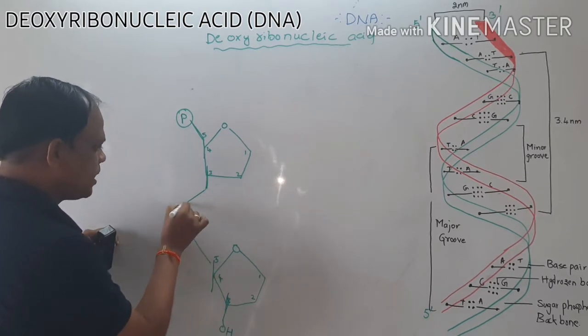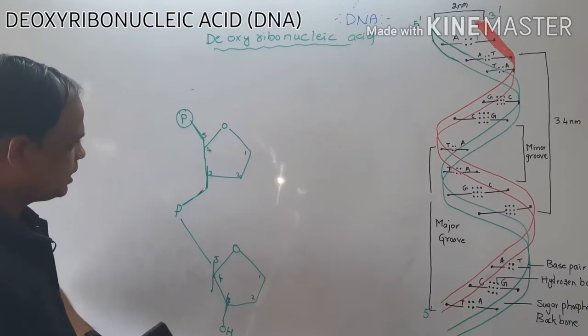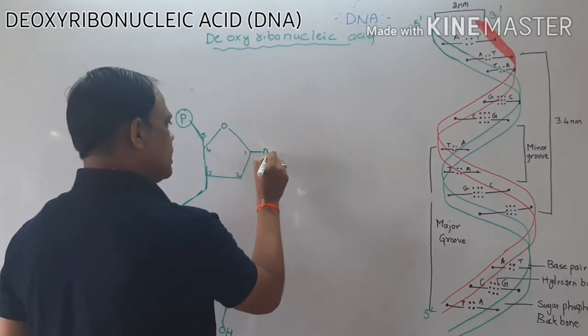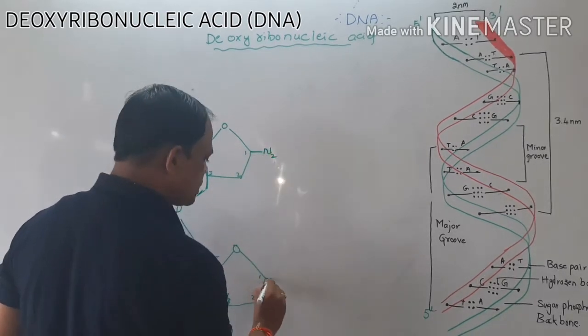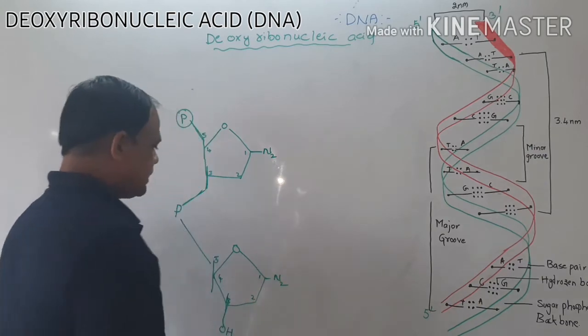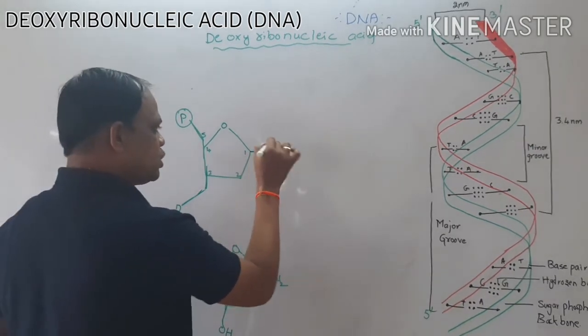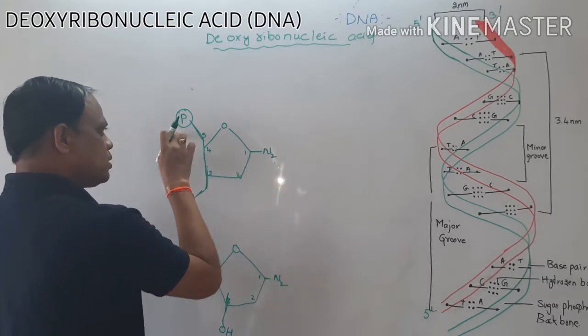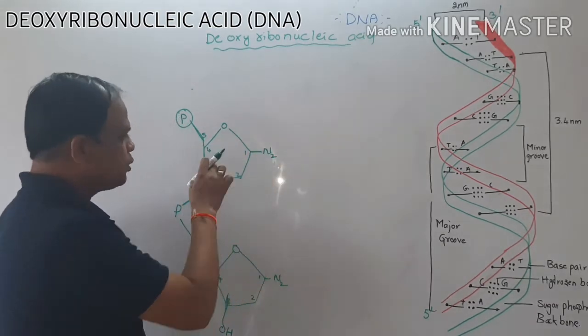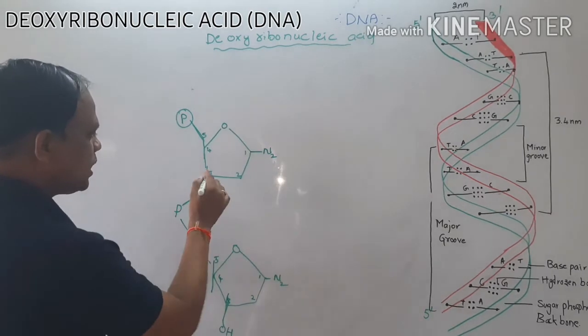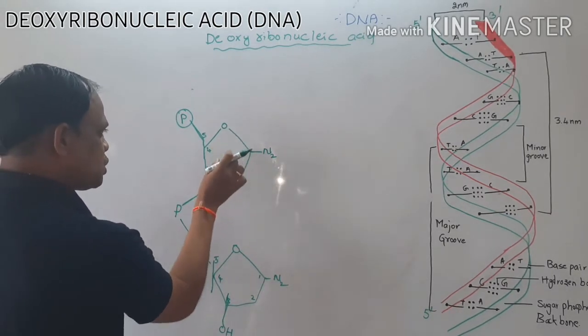So this is the bonding formation. Here the nitrogen bases are attached. This is the ribose sugar; the nitrogen base, pentose sugar and phosphate group together are called one nucleotide.